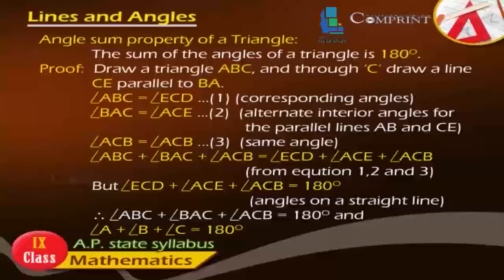But angle ECD plus angle ACE plus angle ACB is equal to 180 degrees, angles on a straight line. Therefore, angle ABC plus angle BAC plus angle ACB is equal to 180 degrees, and angle A plus angle B plus angle C is equal to 180 degrees.